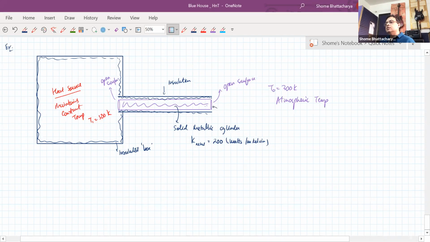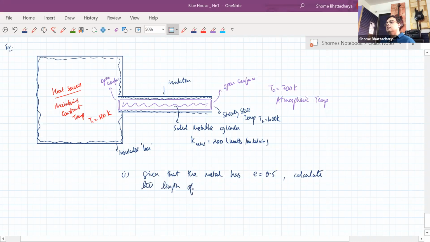Whereas this open face has a steady state temperature of 400 Kelvin. So first of all, given that the metal has an emissivity of 0.5, calculate the length of the cylinder.